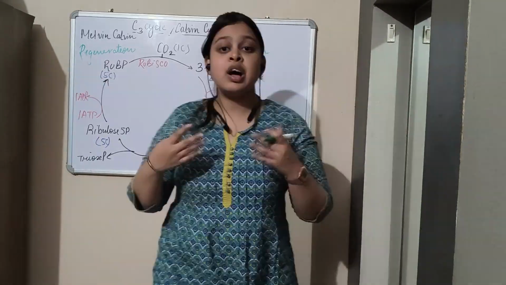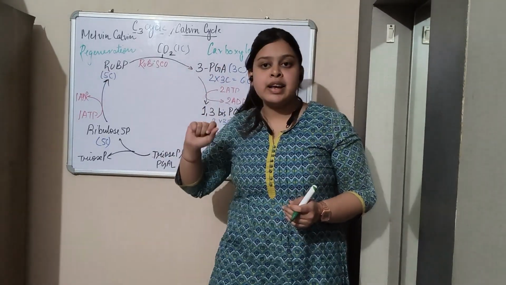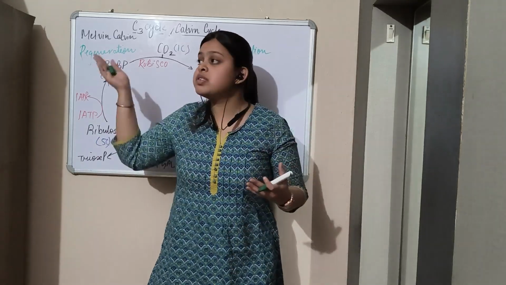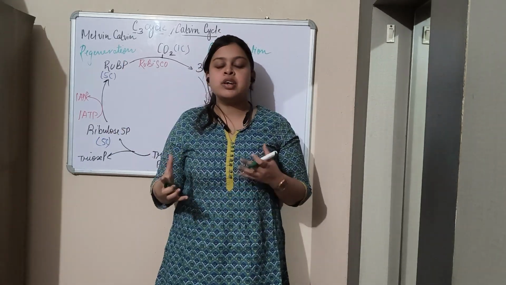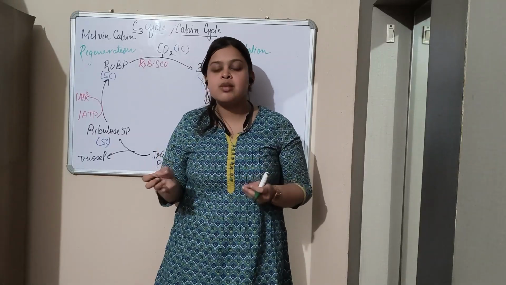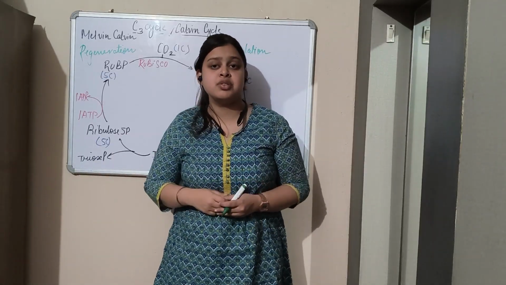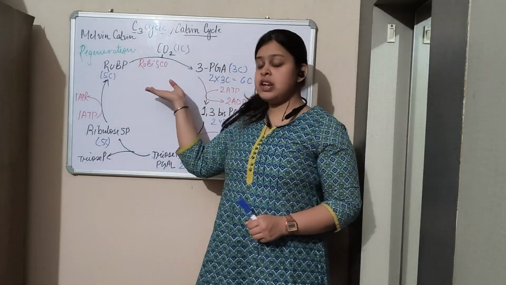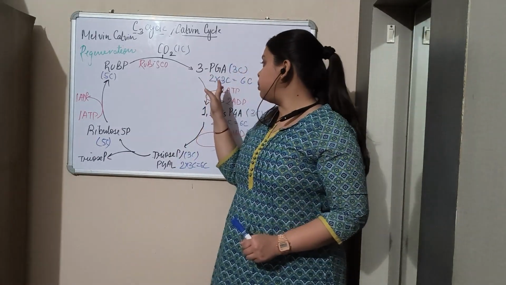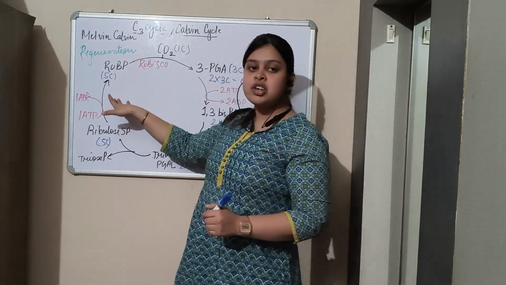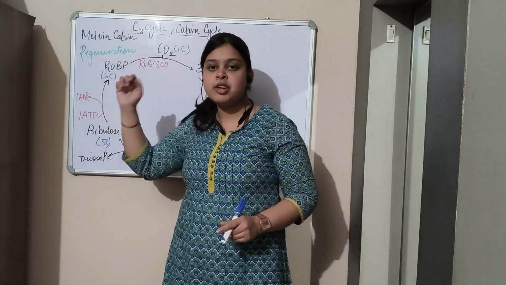Now we will see the energy dynamics or the energy sheet of the C3 cycle, which is very important from the exam point of view, and is basically asked in the NEET exams or any other competitive examination. So here we see in the carboxylation step, there are 2 ATP molecules being utilized, and in the regeneration step, one ATP molecule is being utilized.